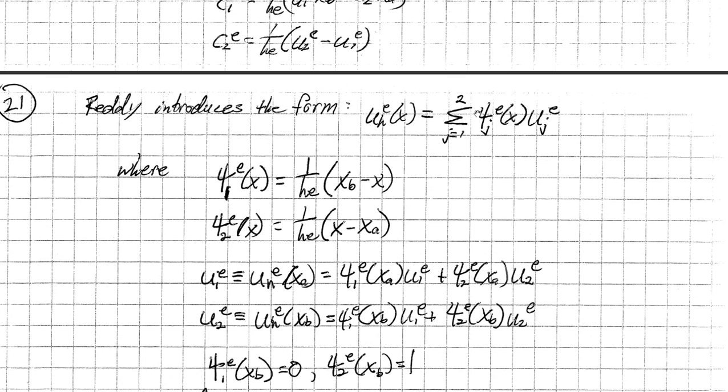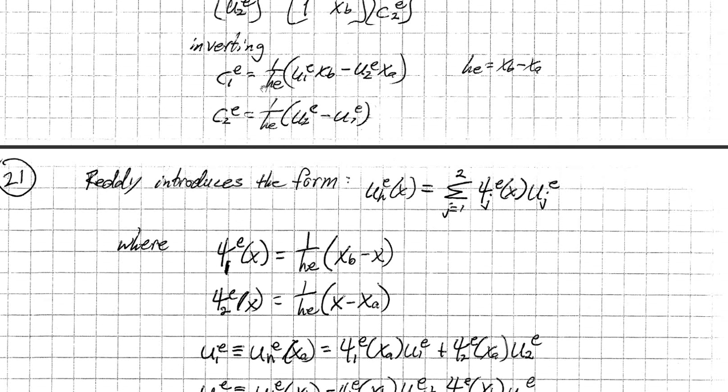So this is your interpolation function, phi sub j, and now we have these nodal solutions, U sub j, for each element E. So based on this process of inverting and solving for this, it turns out here are your finite element interpolation functions.